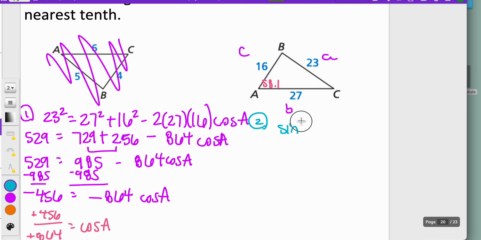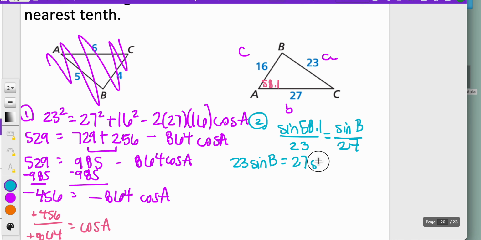So the sine of 58.1 over 23 is equal to the sine of B over 27. Cross multiply. I'm going to have 23 sine of B is equal to 27 sine of 58.1 degrees.